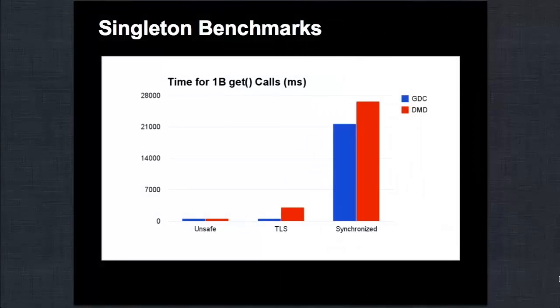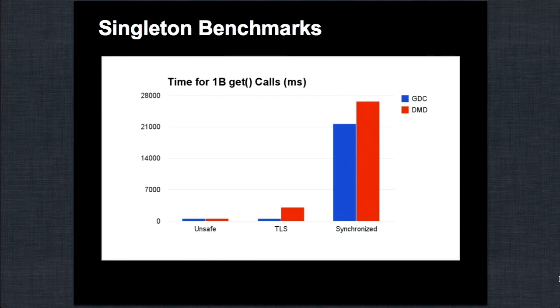So here are some benchmarks of this pattern. We have a thread unsafe singleton on the left, and I benchmarked this with both GDC and DMD because GDC seems to optimize thread local storage better than DMD. And so the y-axis is execution time in milliseconds for 1 billion calls to get. So in the middle, we have our thread local storage-based singleton.